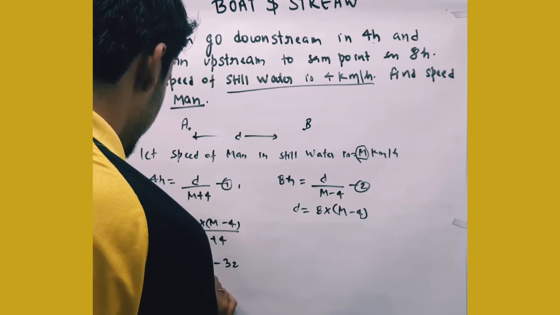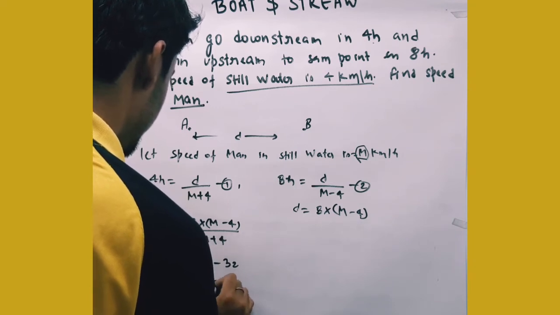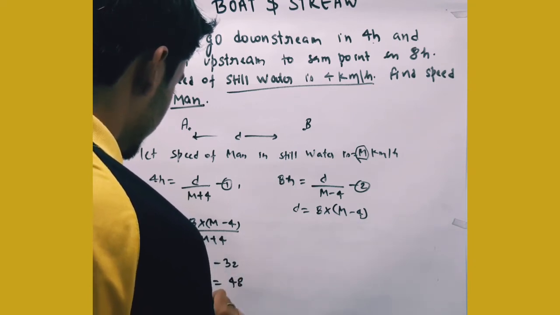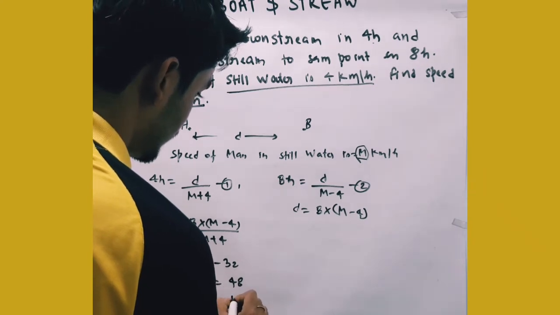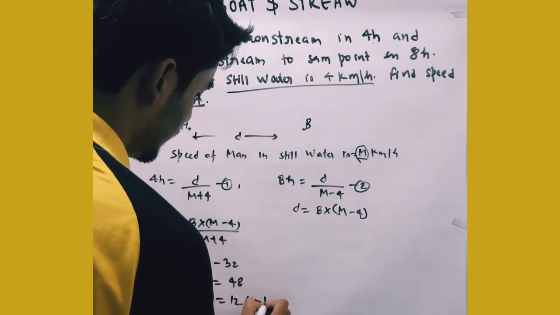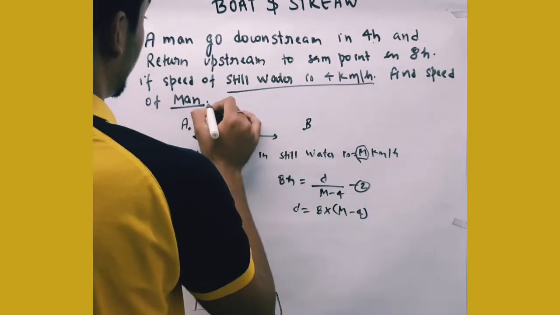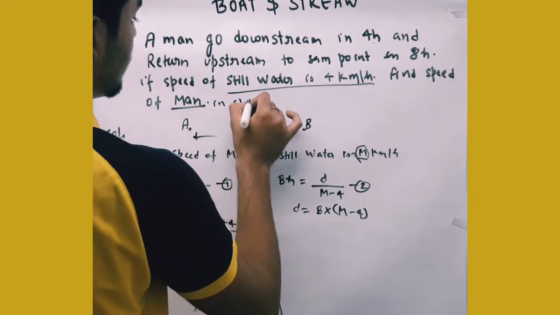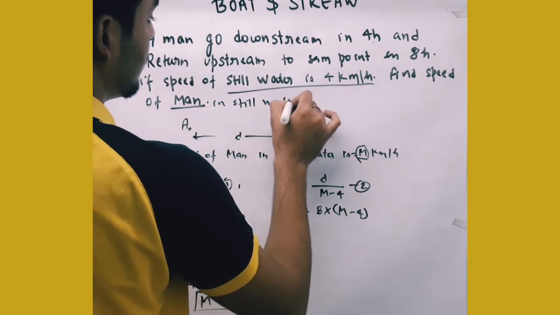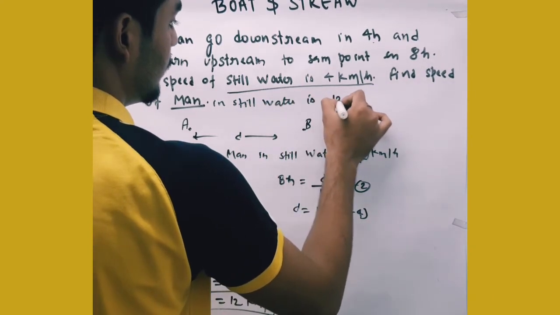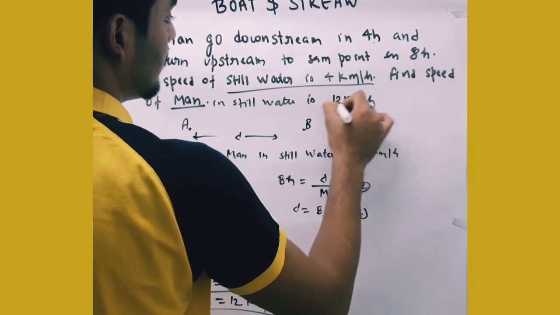Further solving, we get 4m is equal to 48. m is equal to 12 km per hour. So the speed of man in still water is 12 km per hour.